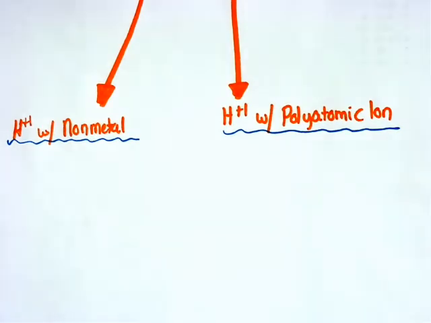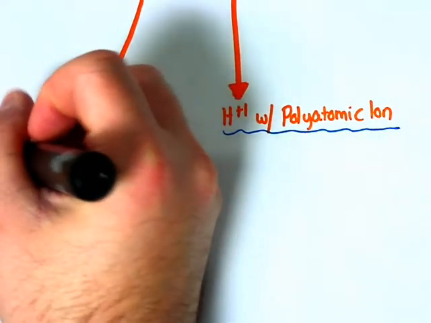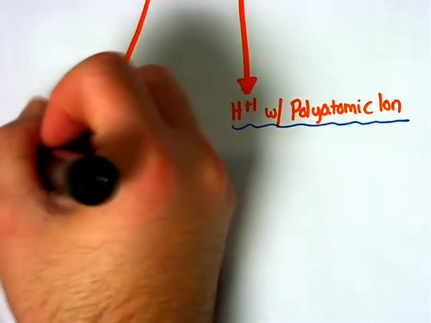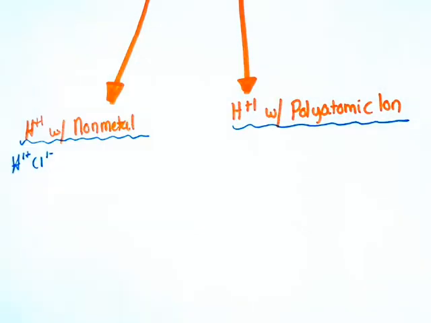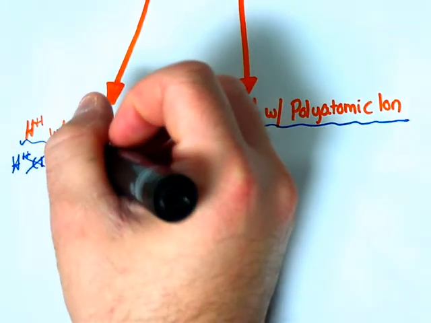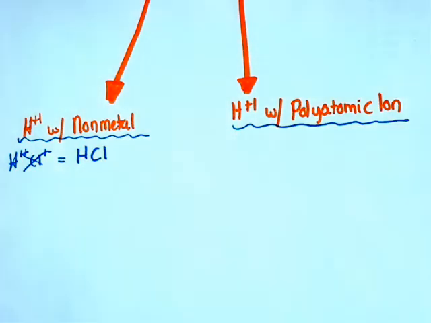Good? Let me show you an example. Let's put H, which is 1+, with chlorine. What's the charge on chlorine? 1-. So you bring those numbers down, they're both 1, are they not? So that would just be HCl. And here's how you name it. You always use a hydro prefix when you have H with a nonmetal.